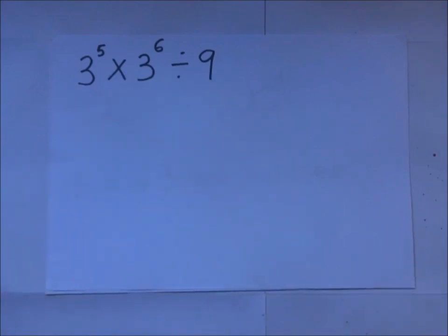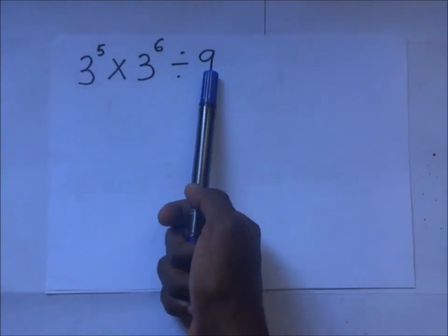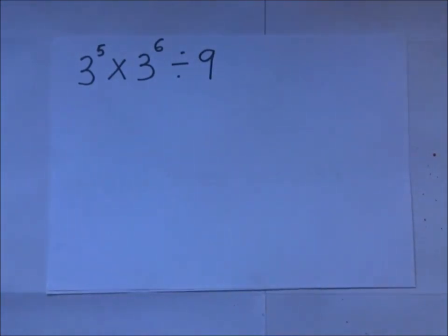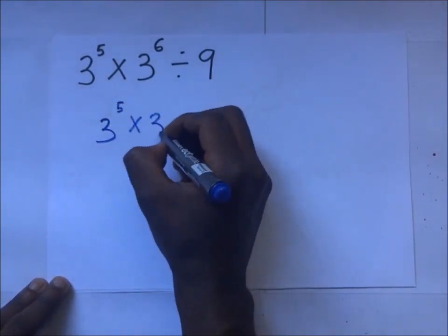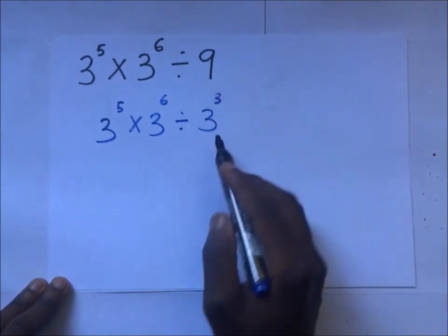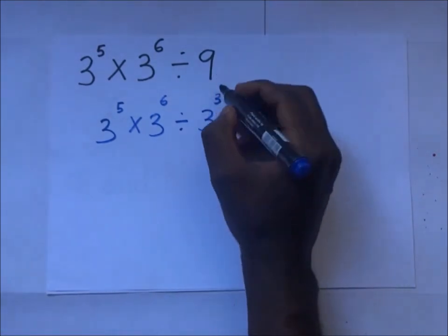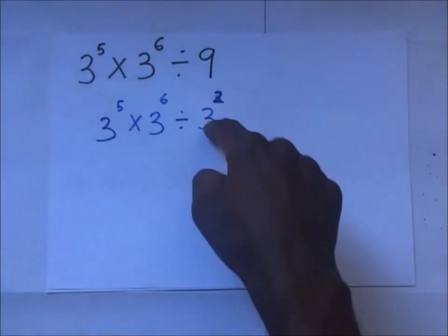Then you can go ahead and simplify it. For example, 9 can be represented as 3 squared. So it means that this becomes 3 to the power 5 times 3 to the power 6, divided by 3 to the power 2. Because 3 times 3 is 9.